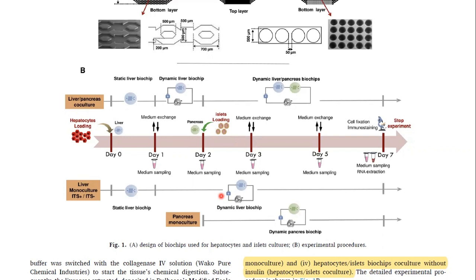To keep the seeding medium inside the culture chamber during the load, biochip inlet ports were closed using two syringes containing 500 microliters of seeding medium, and the biochips were placed in an incubator at 37 degrees Celsius and 5% CO2. After 24 hours, seeding medium was replaced by the culture medium, and the biochip integrated into the perfusion experimental setup to launch the dynamic culture.